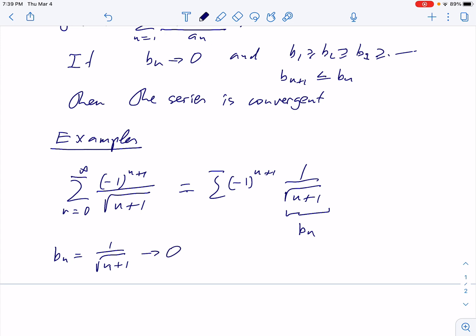And this sequence approaches 0, and it approaches 0 decreasingly. The decreasing is very clear: when n grows, the denominator gets bigger and bigger, and with each step you get something smaller, dividing by bigger denominators. So this is decreasingly going to 0.